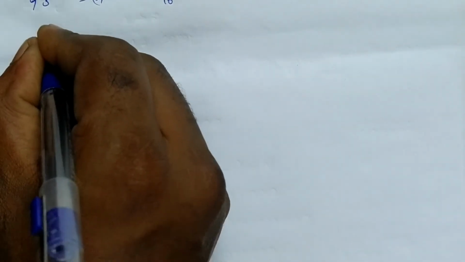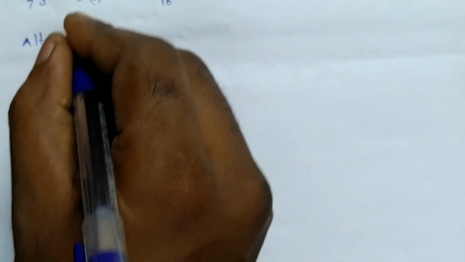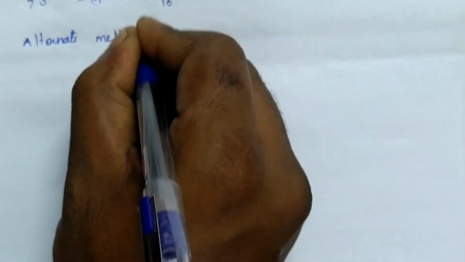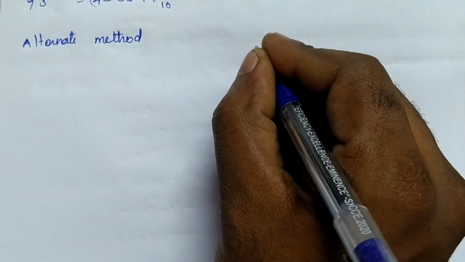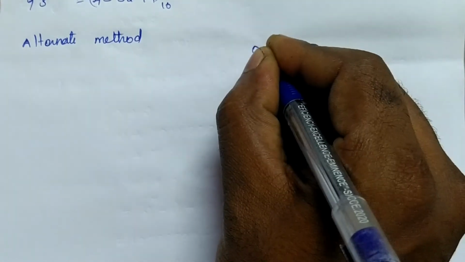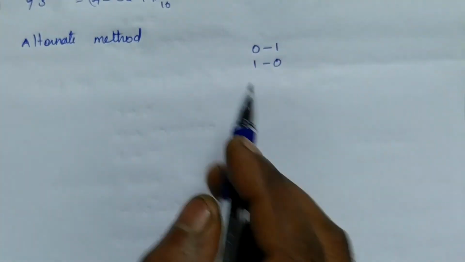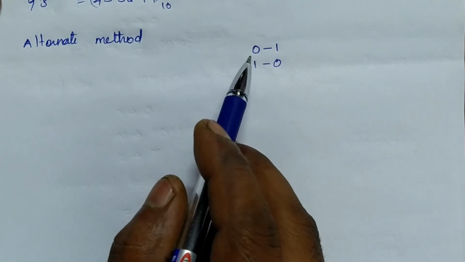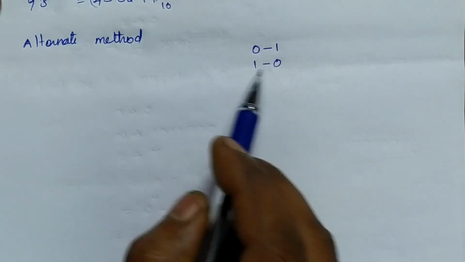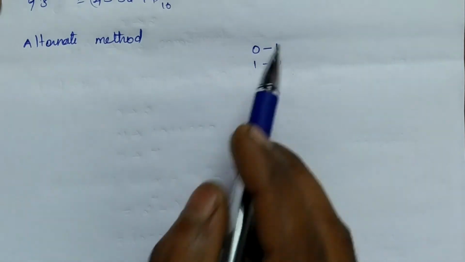Here also there is one alternate method, but you can use it for verifying the answer. In the previous binary number, to find the complement, what we did is 0 is replaced by 1 and 1 is replaced by 0. That means in binary we have two values, 0 and 1, and they get reversed.